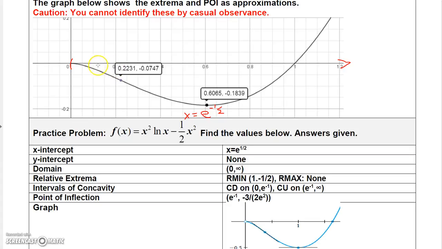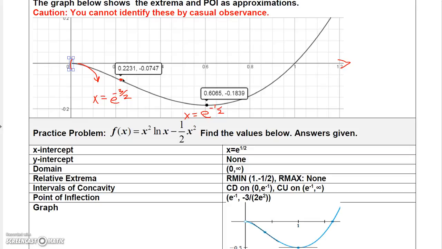And then this point right here is where x equals e to the negative 3/2. So that's e to the negative 3/2, and that is actually where the inflection changes. It's really difficult to see here, but you are getting kind of a downward bend from here to here.